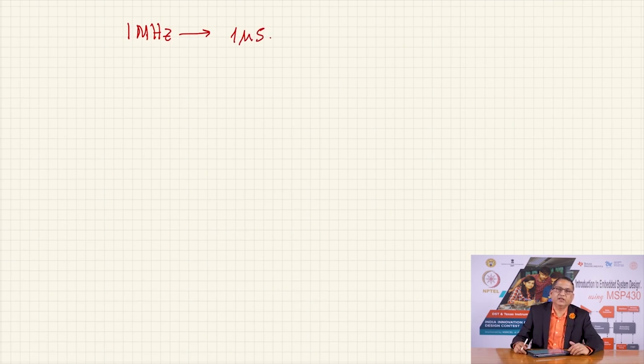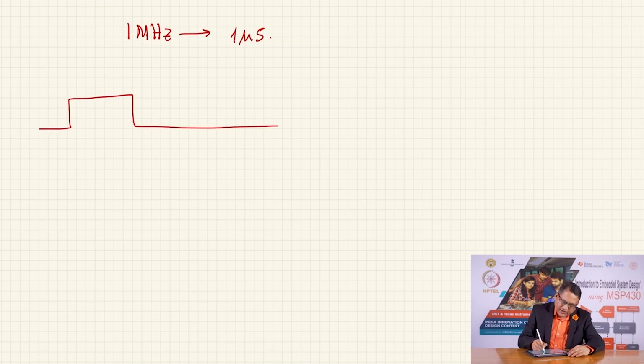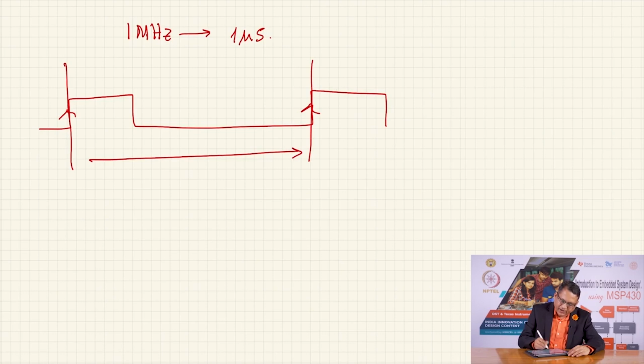And let us say I do not know the frequency or the period of the incoming signal. Let us say I enable the counting process, and between the two rising edges of the incoming unknown frequency, from here to here, I accumulate a count of 65,800 counts.